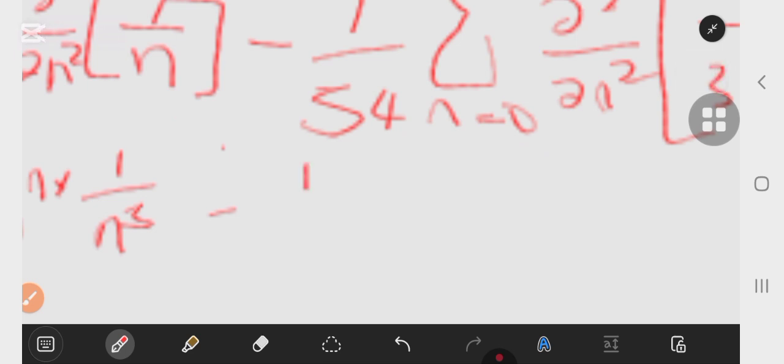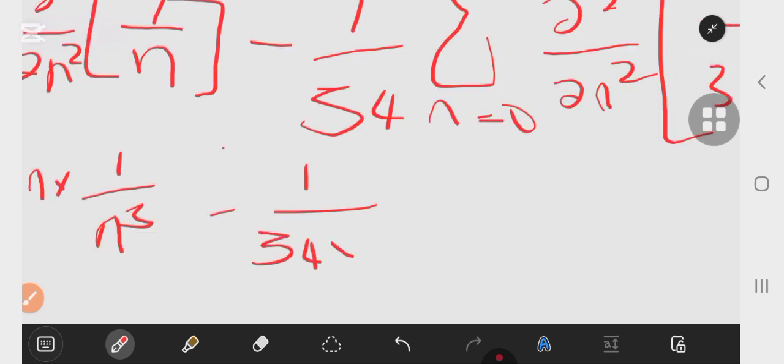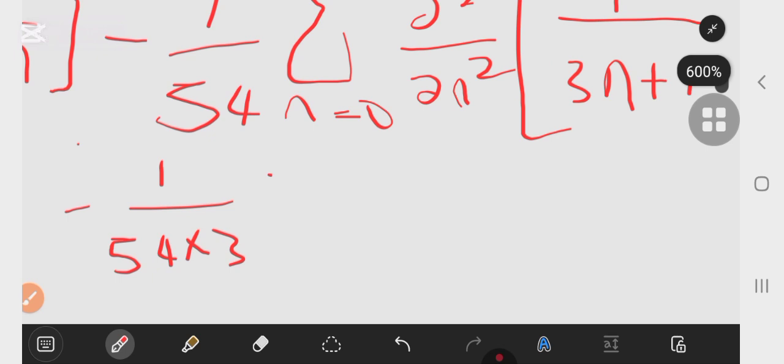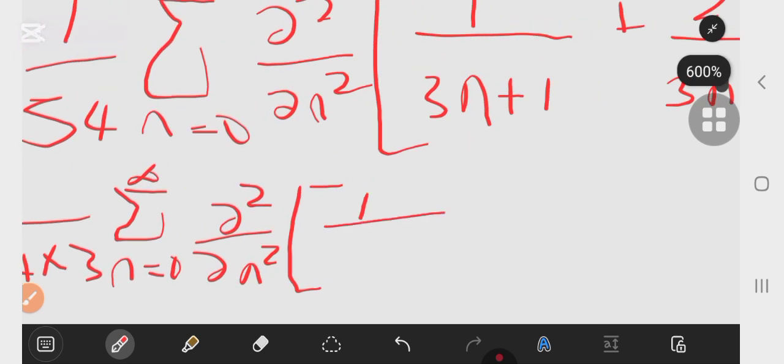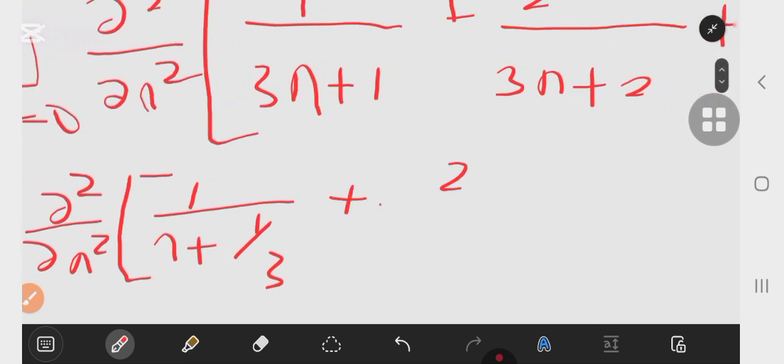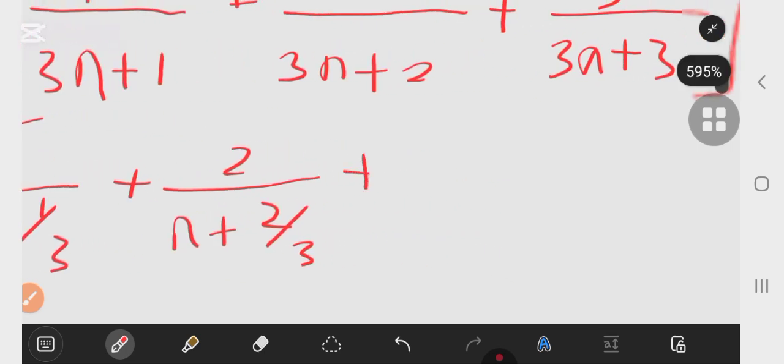So I'll have 1 over 54 times 3 all into the sum to infinity of n from 0 all into the second derivative of first n plus 1 over 3, plus 2 over n plus 2 over 3, and then for the third one, 3 over n plus 3 over 3.